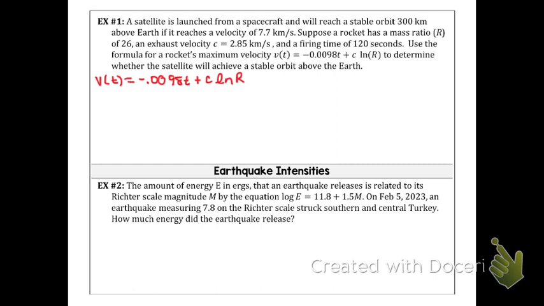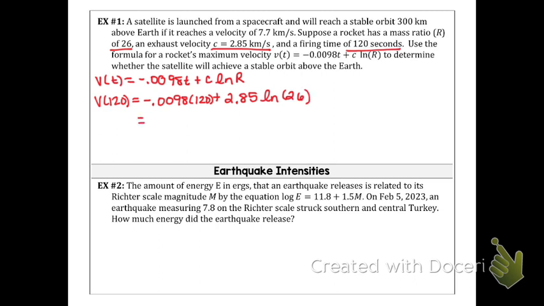Little t is the 120 seconds. So there's my little t. And our V of 120 is equal to negative 0.0098 times 120 plus C, they told me is 2.85, times the natural log of R, and the R, sorry, here, there it is, it has a mass ratio R of 26.